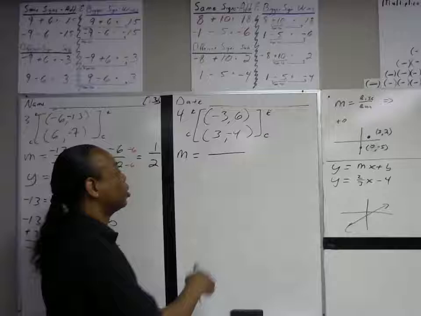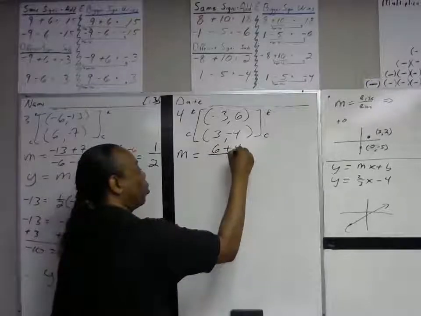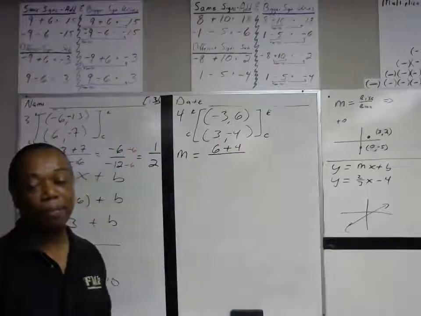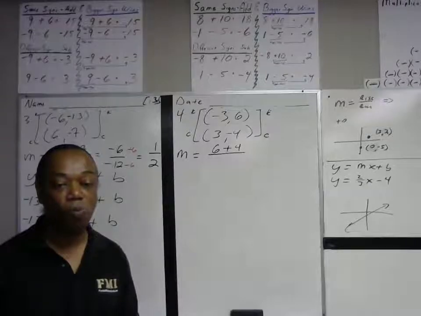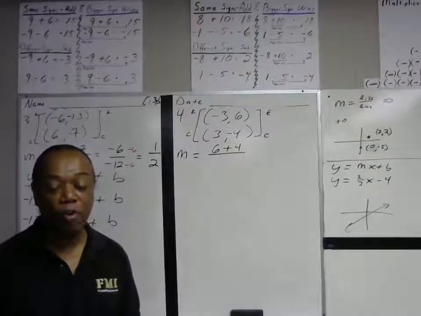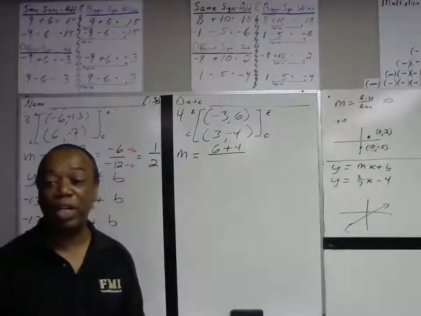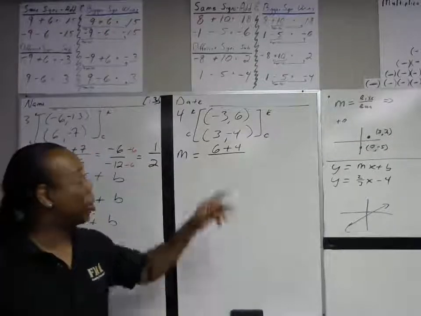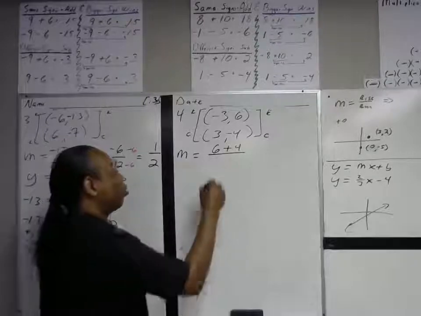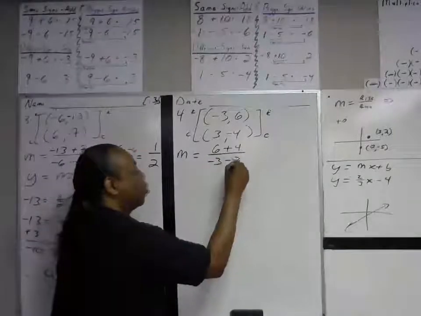So that'll be a 6 plus 4. For your run, which is your denominator, you're going to keep the -3 and change the +3 here. So what you'll get is -3 and a -3.